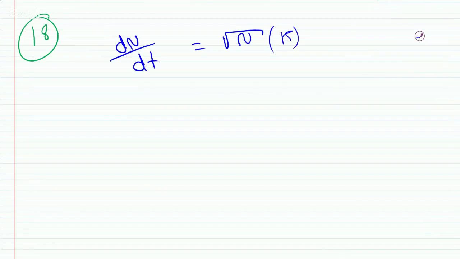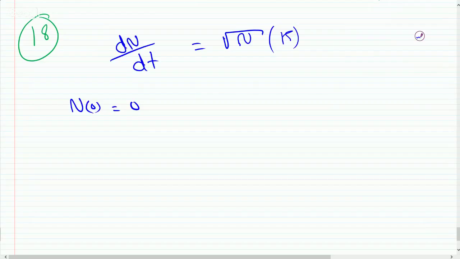If there are no bacteria present at t equals 0, that means n of 0 equals 0. How many are there at a later time?